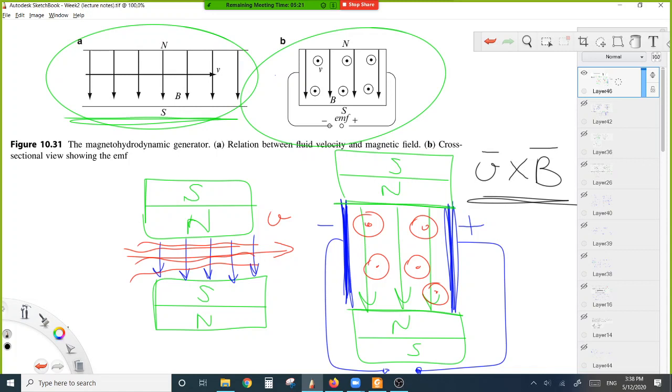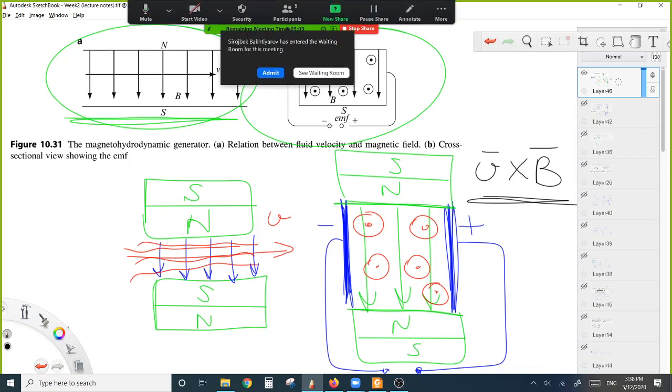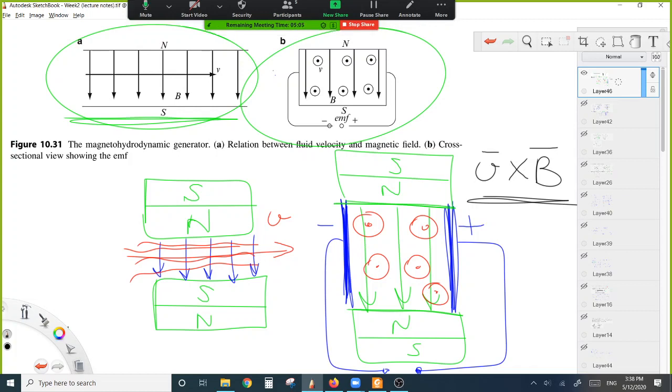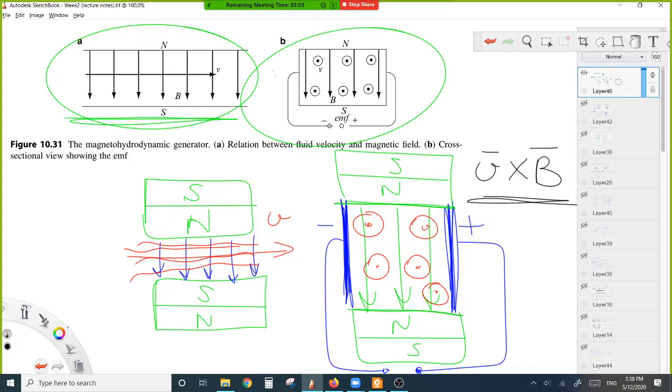A very simple magnetohydrodynamic generator is made of a channel as above, connected to the exhaust of a jet engine. And to increase the conductivity of the gases, these are seeded with conducting ions such as alkali metal vapors.